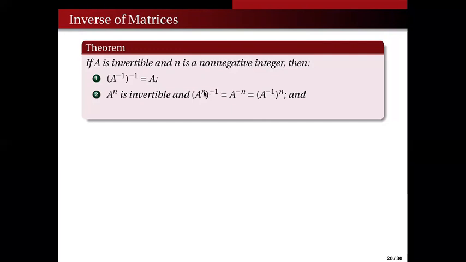So it's like you can multiply the n with the negative 1. That's why you have here A raised to negative n. And then this guy here, you have A inverse raised to n.